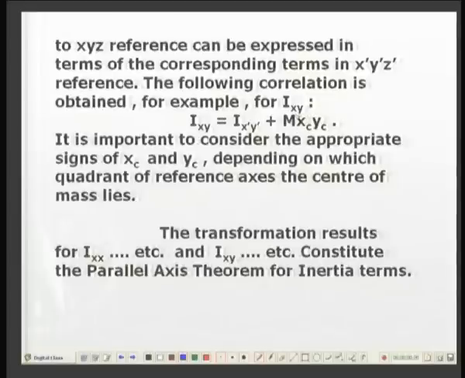But in the product of inertia terms you will have xc and yc. So if xc is negative, for example, then this term will become negative. If both xc and yc are negative, of course, then it will be positive. So one has to be careful in properly accounting for the coordinates of the center of mass. This whole exercise is called the parallel axis theorem. Okay.